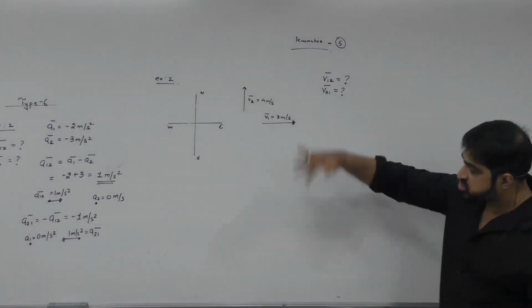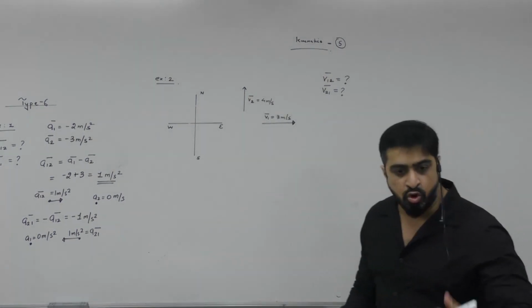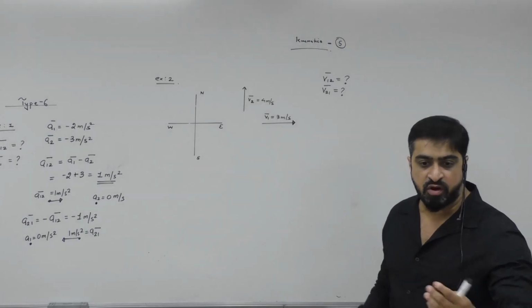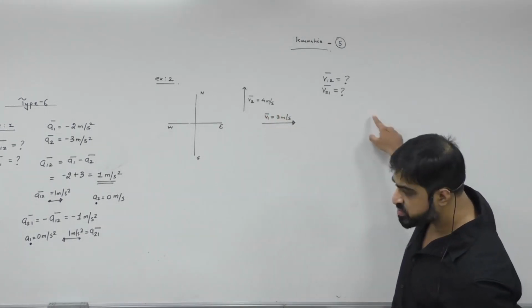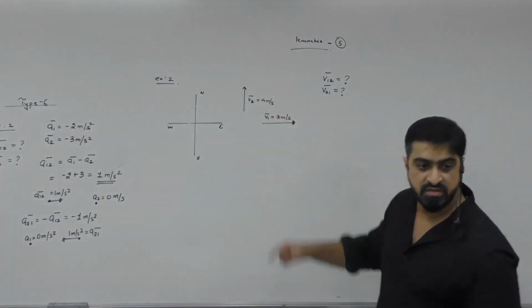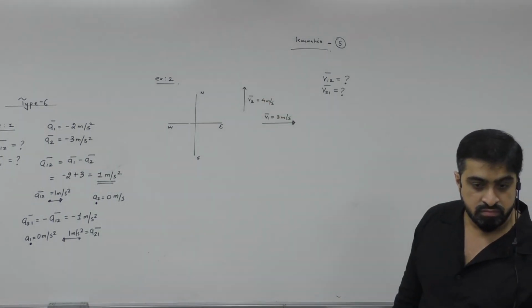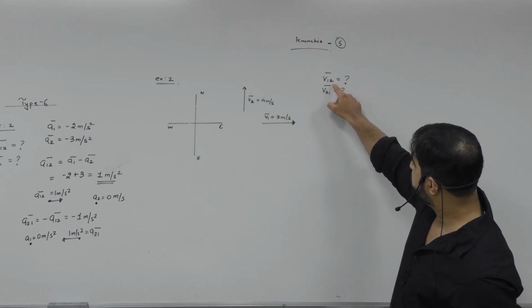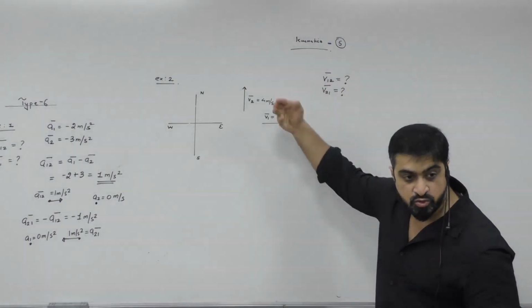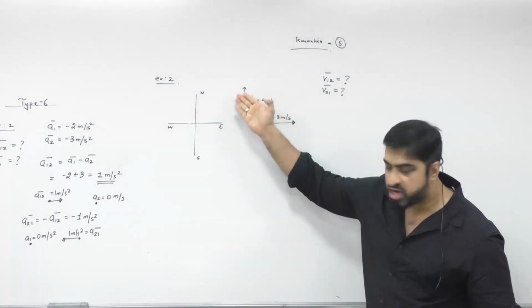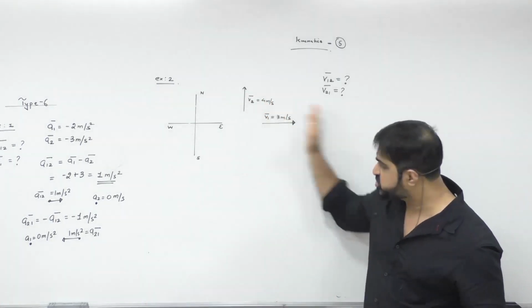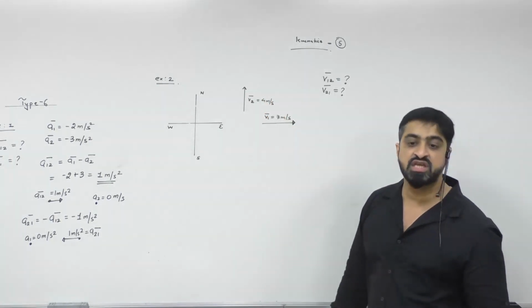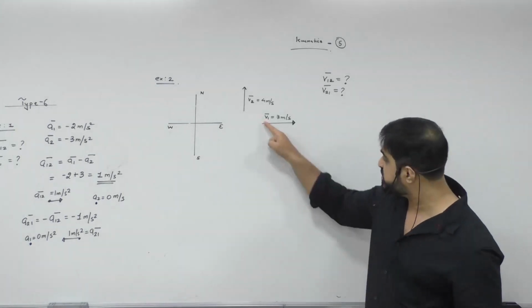Now this was by an observer who is observing from outside the frame. You are looking, one car is going this way, the other car is going that way. But they are telling you the velocity of 1 with respect to 2. When a person inside this car looks at him, will he appear to go this way? No. He will appear to be going somewhere this way.